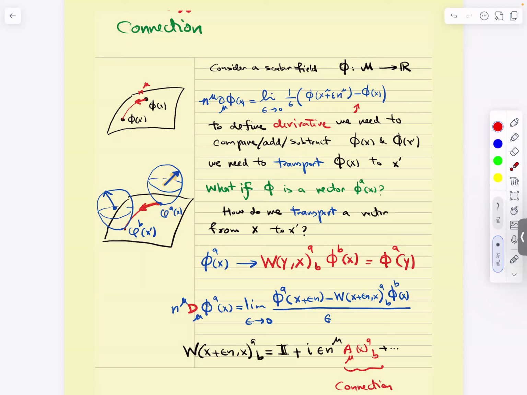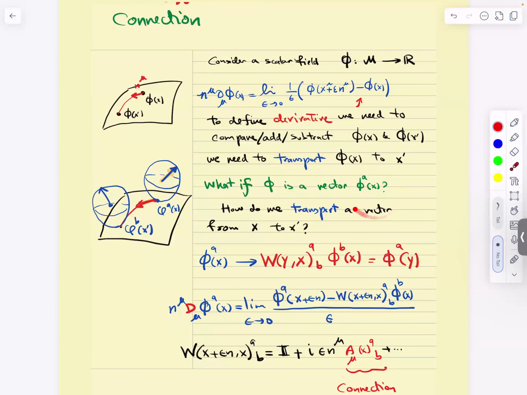Now, when you transport, it means that you haven't changed it. That's what it means. Parallel transport: what does it mean to say this point is the same as this point? That's the rule. That defines for you parallel transport, that defines for you a connection.